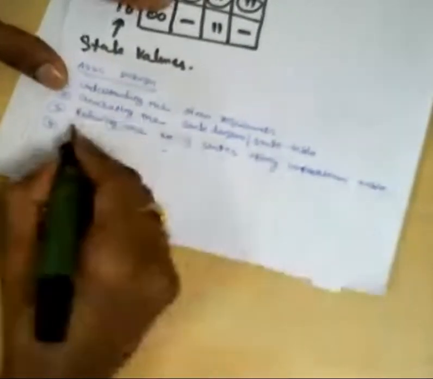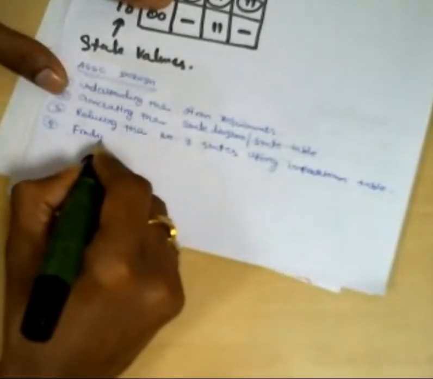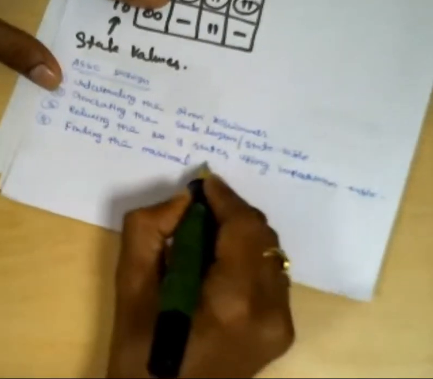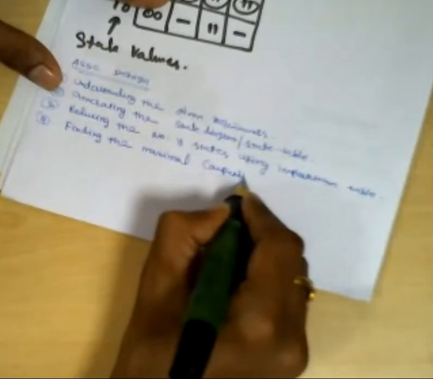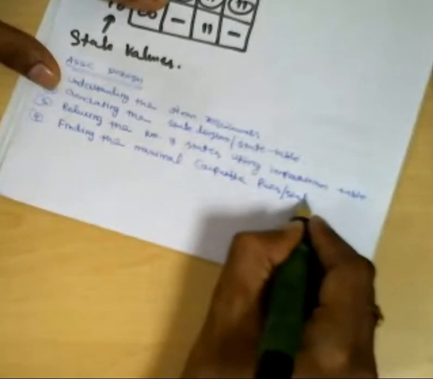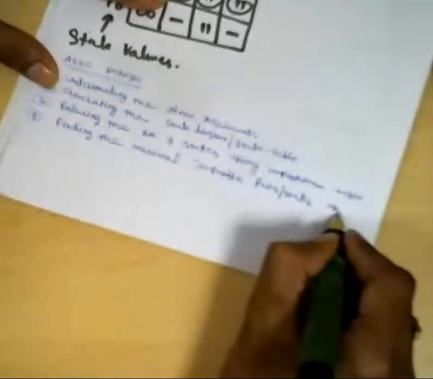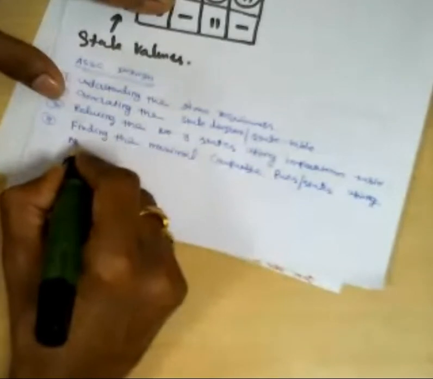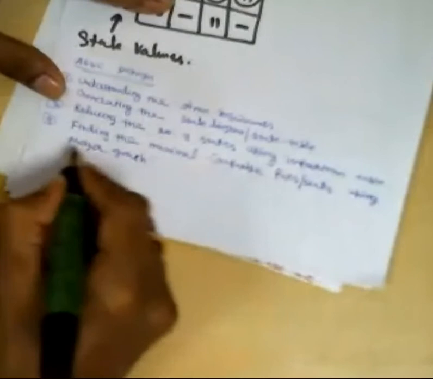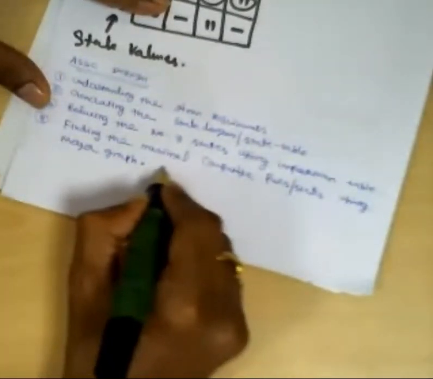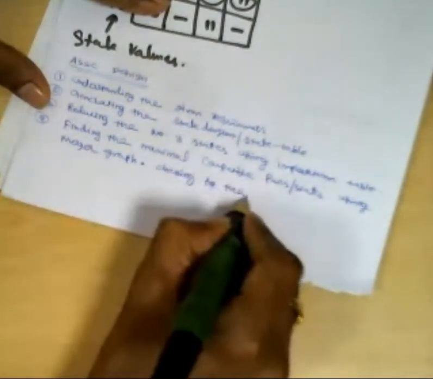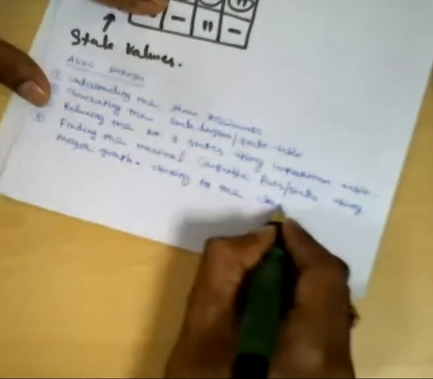Fourth, finding the maximal compatible pairs. Compatible pairs means compatible states, using the merger graph, and also checking for the closure conditions.